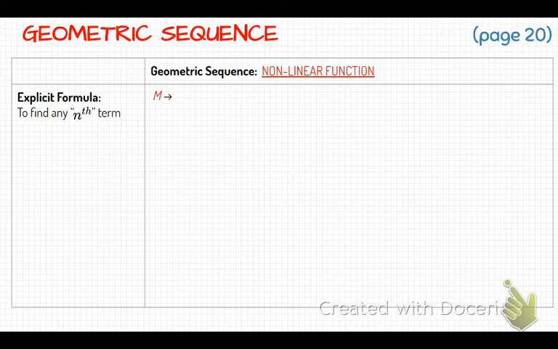Big slope. We don't have slope since it's not a line, so instead we're going to call it the multiplier. It's our pattern rule. It is the multiplier, the thing that I multiply by or that I divide by.